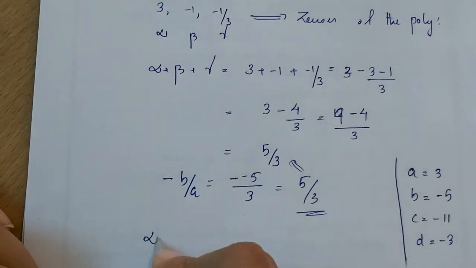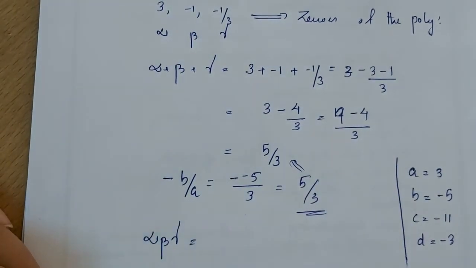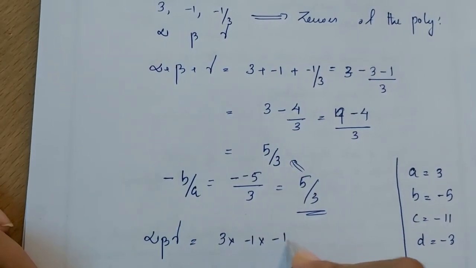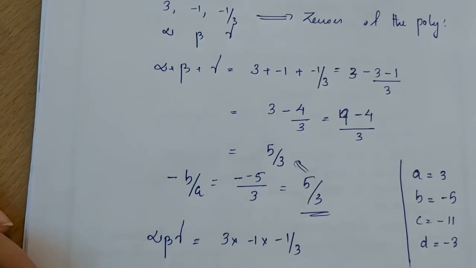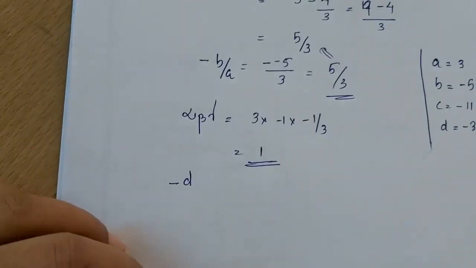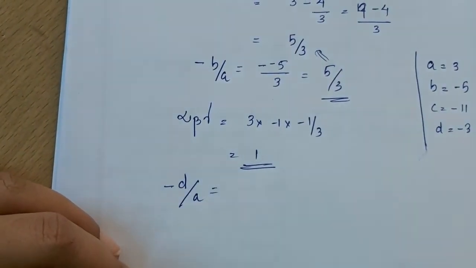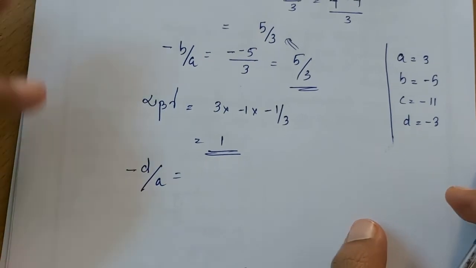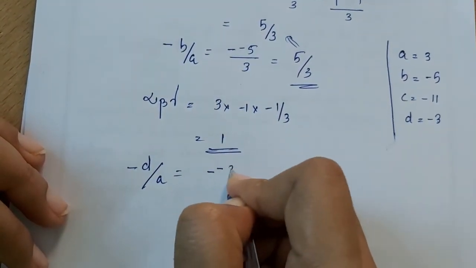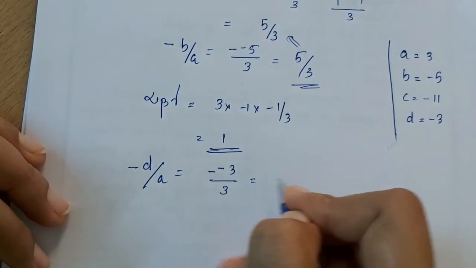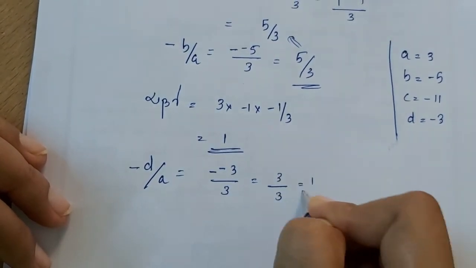Next, the product alpha beta gamma, which means 3 into minus 1 into minus 1 by 3, which is equal to plus 1. And substitute the value in minus d by a. The value of d is equal to minus 3, so minus of minus 3 divided by 3 is 3 by 3, which is equal to 1.